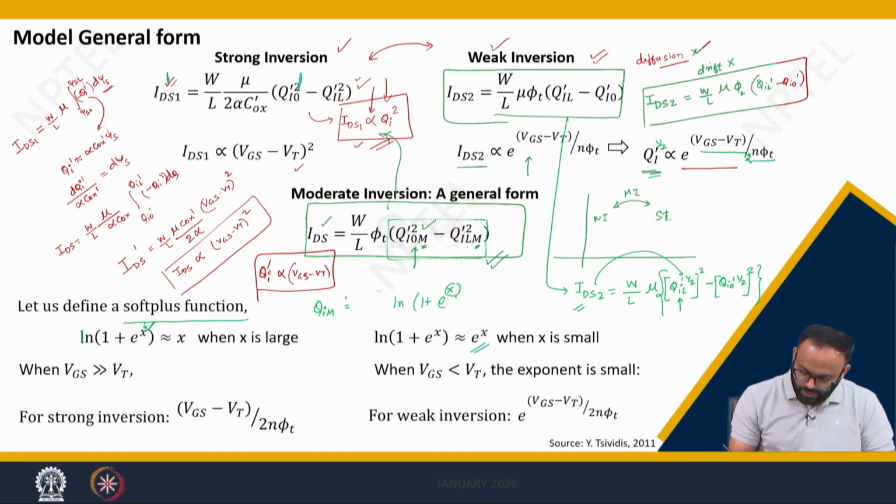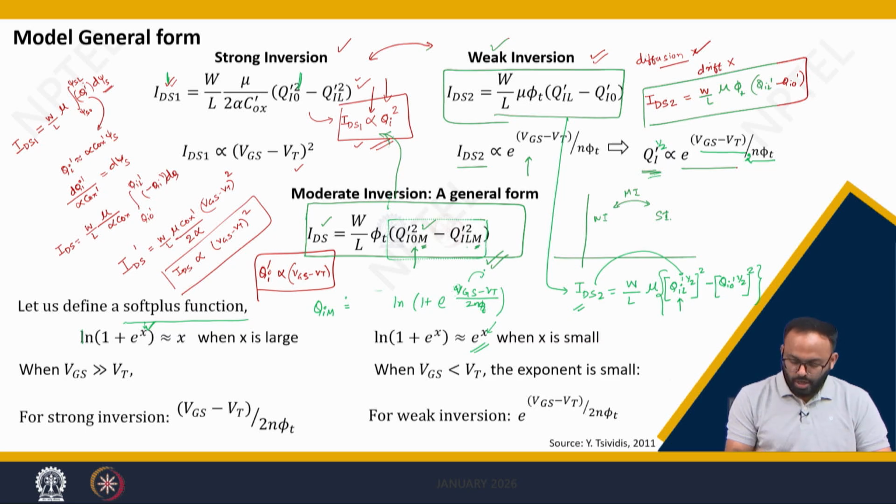If you take 1 by 2, it will be 2. So if I define, instead of x here, if I write Vgs minus Vt divided by 2 times n phi t, right? Then when x is small, so in weak inversion this term is small, and ultimately this function will give me what?